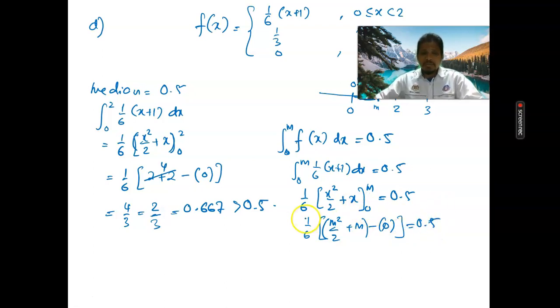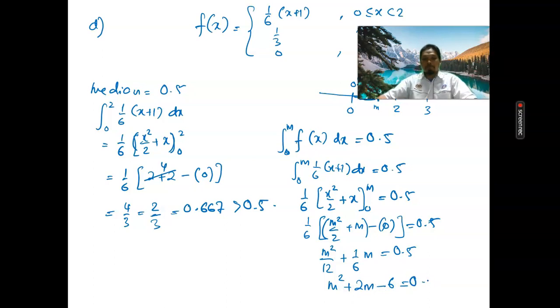So now m squared over 2 multiplied with 1 over 6, so m squared over 6 times 2 equal to 12, plus 1 over 6 m equal to 0.5. Simplify this and you will get m squared plus 2m minus 6 equal to 0.